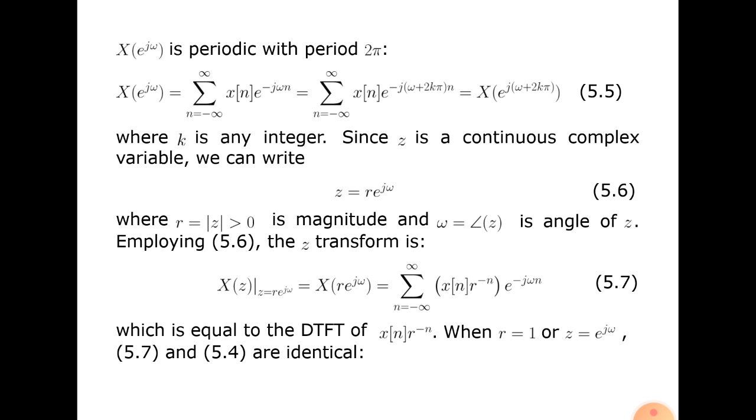Employing this in the Z transform, X of z equals X of r into e power j omega, which equals summation n equals minus infinity to plus infinity x of n into r power minus n into e power minus j omega n, which is equal to the DTFT of x of n into r power minus n. Where r equals 1, or z equals e power j omega, they are identical.